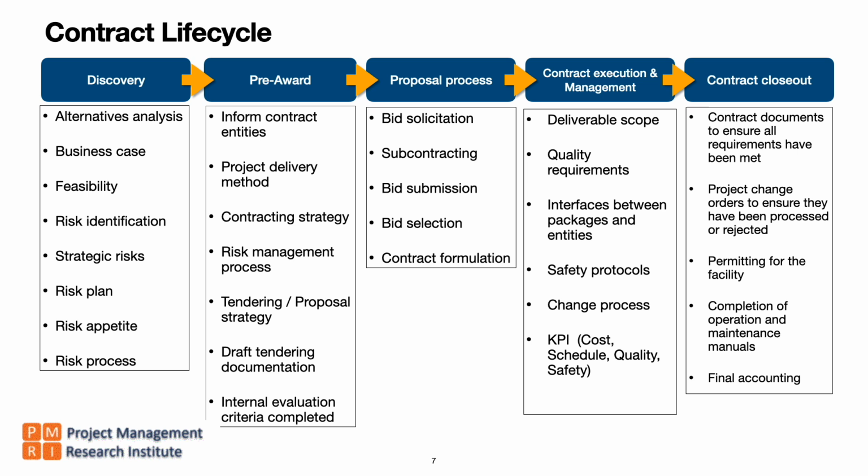Then completion of the operation and maintenance manuals, that is important, and the final accounting and closure of accounts, that is the last step. So a contract passes through the discovery phase, pre-award phase, proposal process, and contract execution and management, and contract closeout.